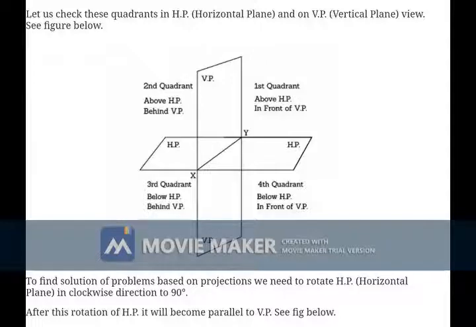When you see the object from the top, you project the top view with respect to the horizontal plane. It is not only for points; for all objects the front view is always projected in the vertical plane, and the top view in the horizontal plane.